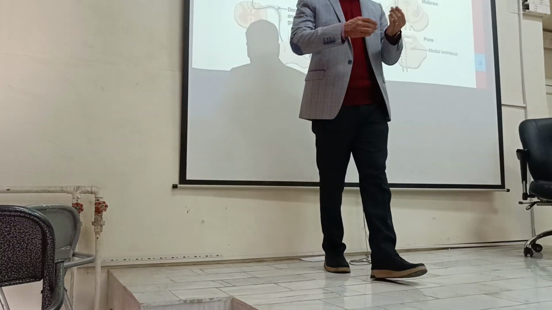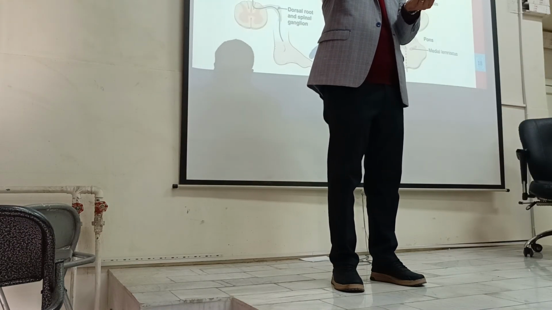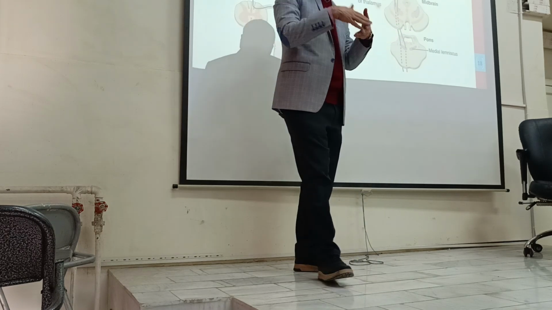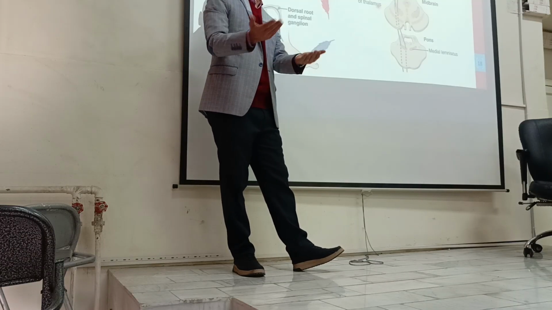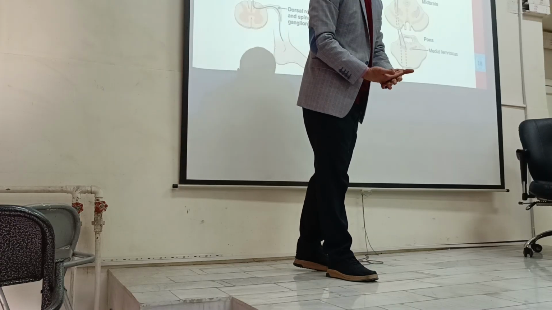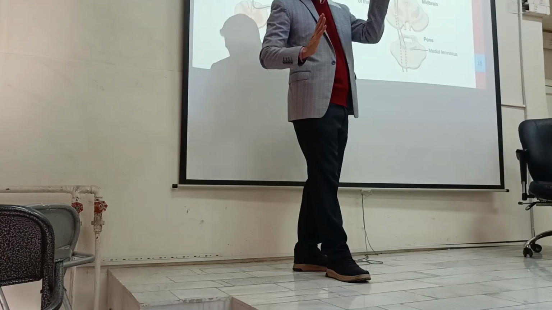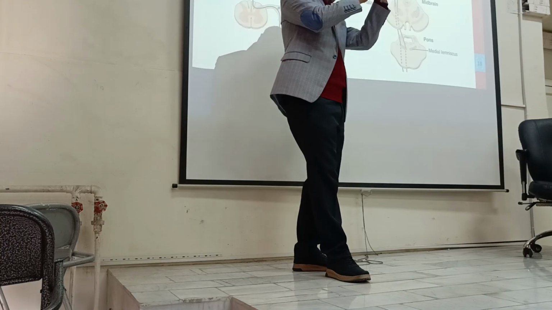So that's why we call this dorsal column medial lemniscus, DCML, right? So DCML stands for dorsal column medial lemniscal system. Dorsal column is located in the spinal cord. Medial lemniscus is located in the brain. Dorsal column on each side is connected to the medial lemniscus on the opposite side.